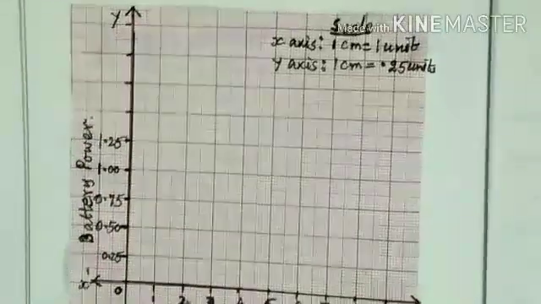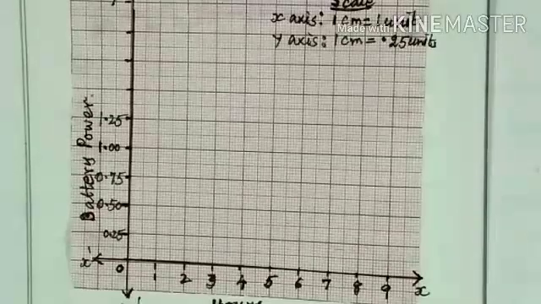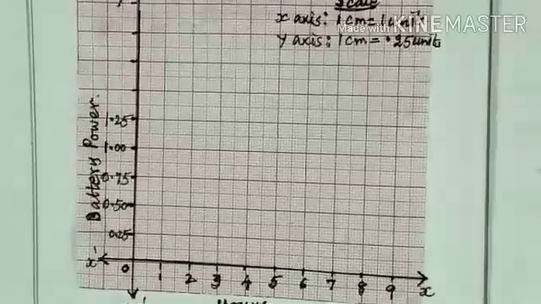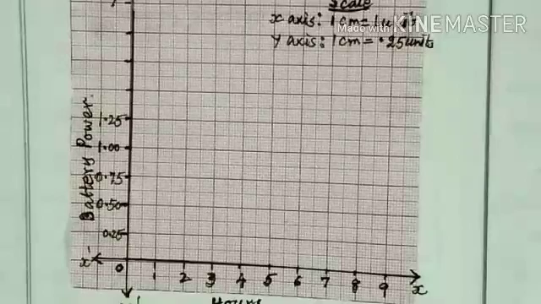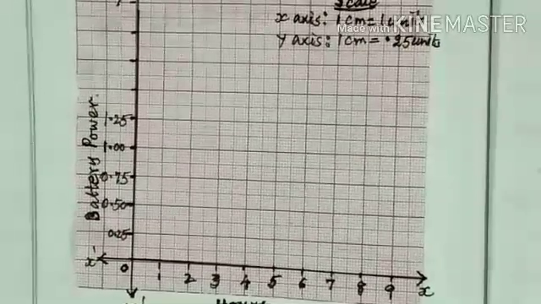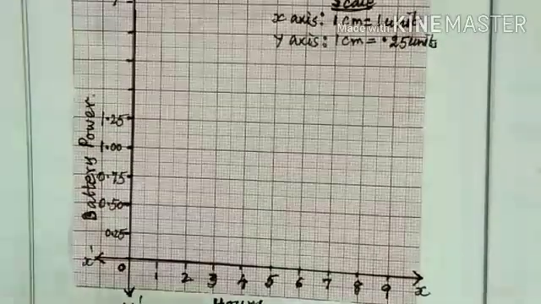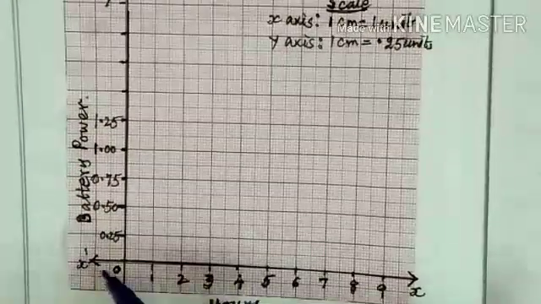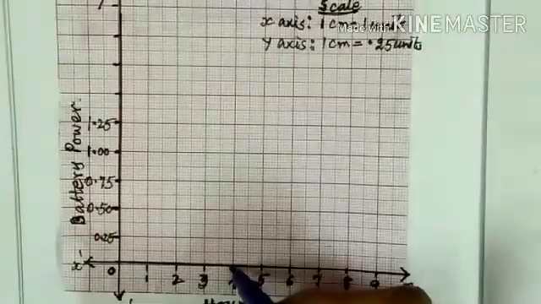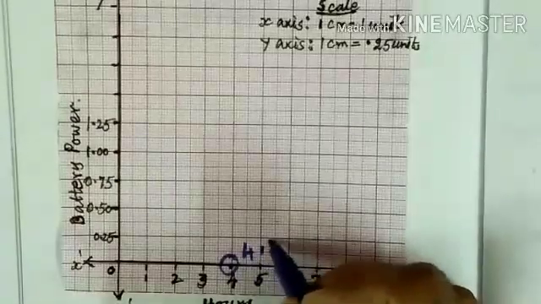Scale: x-axis 1 centimeter is equal to 1 unit and y-axis 1 centimeter is equal to 0.25 units. Here you have to plot these 2 points. First point 4, 0: x-axis 4, y-axis 0. Then you mark here 4, 0.